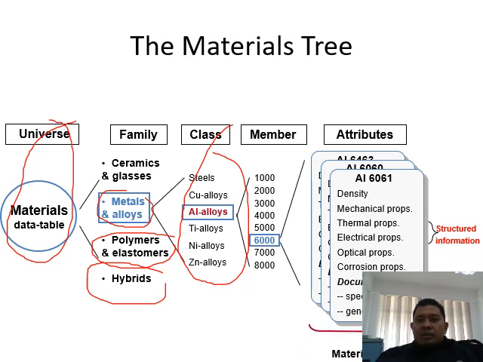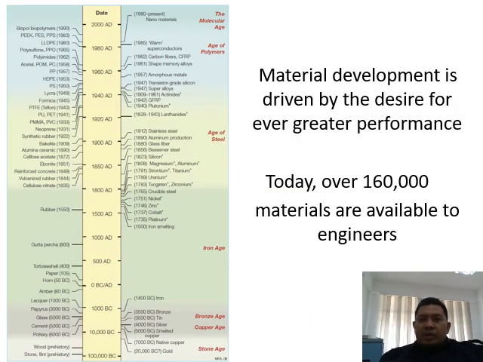Over here you have the material development chart, from 100,000 BC. This shows the materials that we have used or produced over the course of 100,000 years.